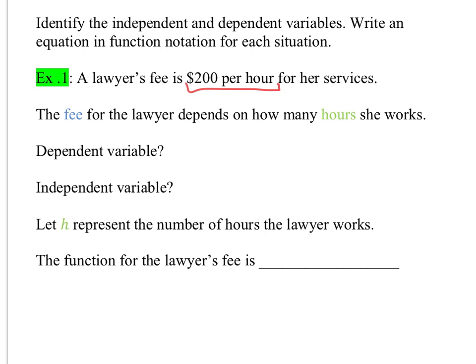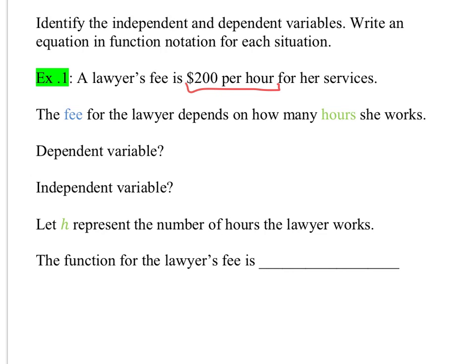So we're going to let H represent the number of hours that the lawyer works, and as you look at this, the fee for the lawyer depends on how many hours she works. Because if she works 1 hour, she gets $200. That's her total fee. If she works 2 hours, she gets $400. If she works 3 hours, she gets $600.